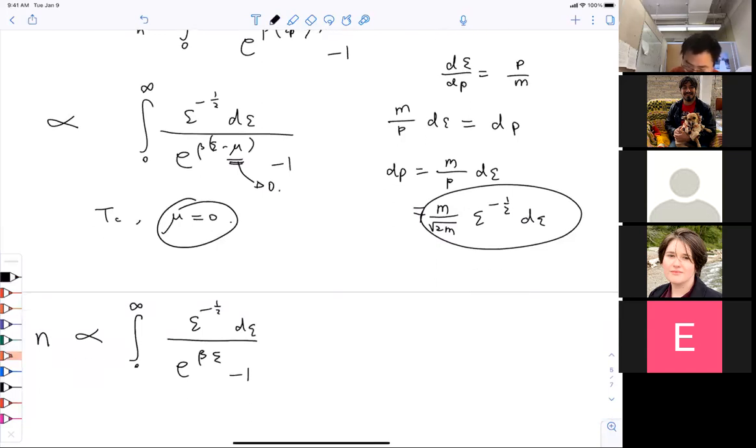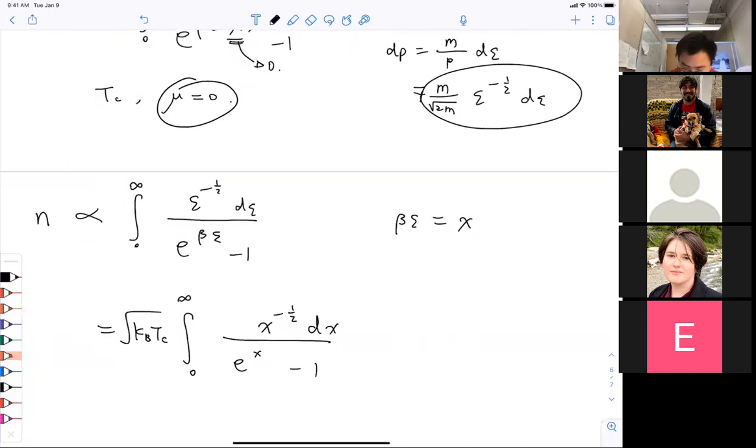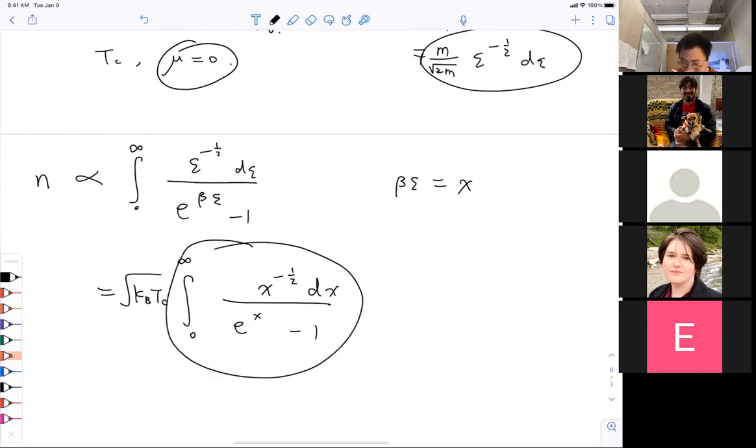So we change the variable to x, which would give us x to the minus one-half dx over e to the x minus 1. The prefactor is the square root of kB T_c. So now let's look at this integral.